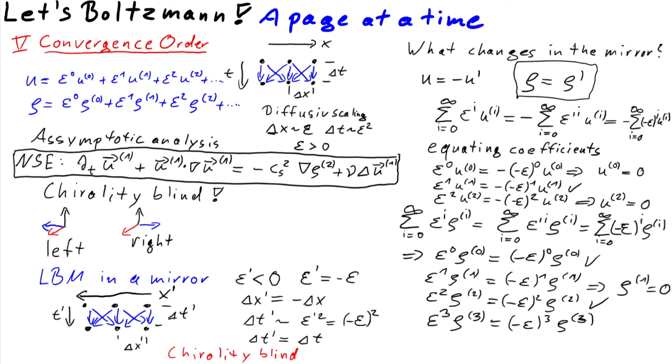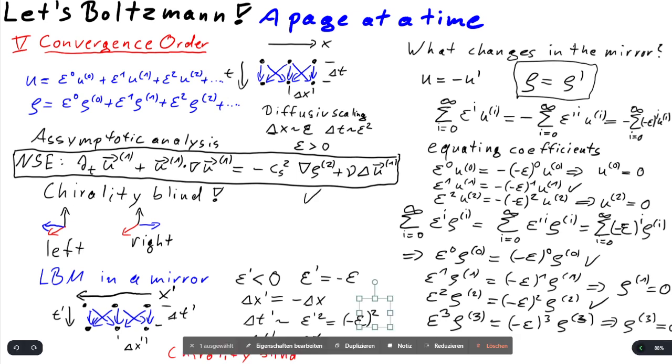This again would only be true if rho third order is equal to 0, and this is also important because rho to the third order is of course the leading order error of the method. So we see that both in the velocity and in the density the leading order error is eliminated, so the method is better than first order accurate, and it is at least second order accurate if it solves the Navier-Stokes equation, which by asymptotic analysis we have already shown.